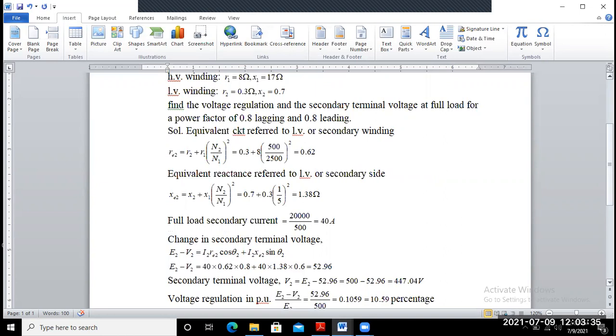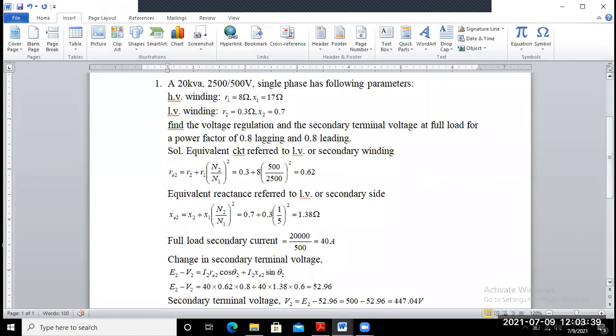Suppose in another problem the equivalent resistance referred to the LV side or secondary side is given in per unit.